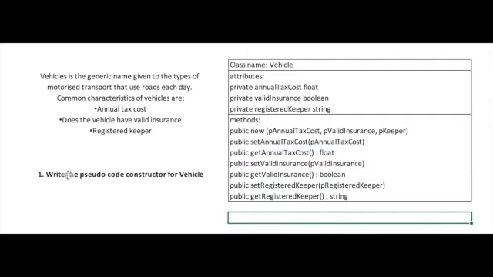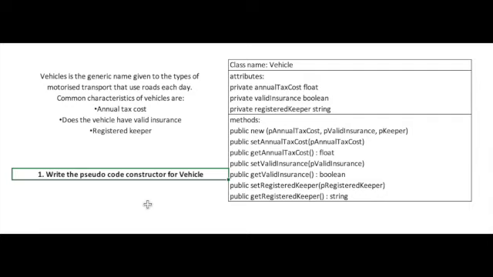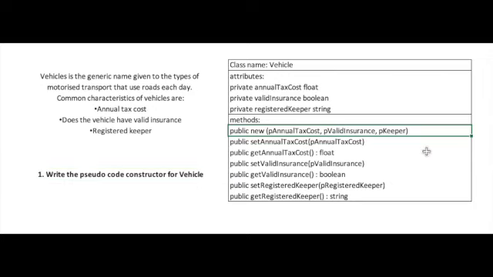So our question is asking us to write the pseudocode for the constructor of the vehicle class. So let's look at the definition of the constructor class. It's public. That means it can be called outside of the class.